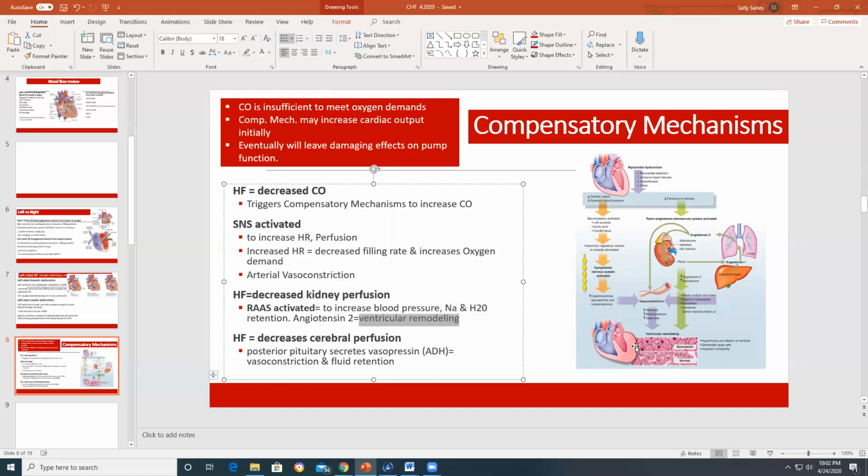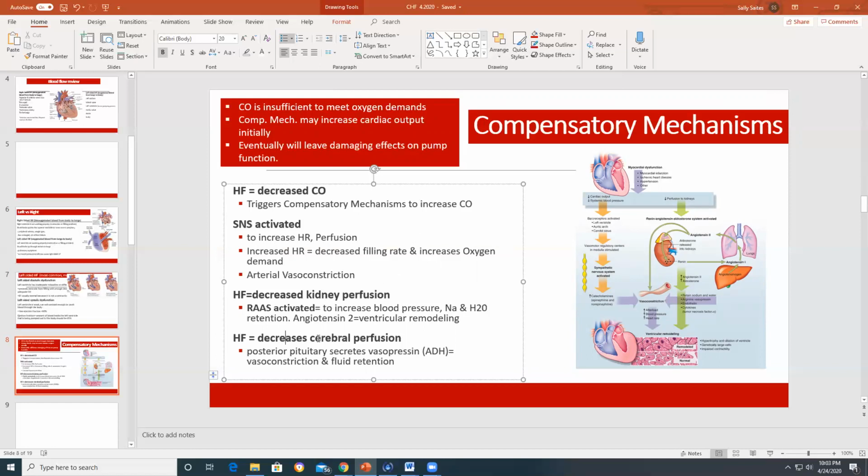So now we're looking at the ventricle and it's going to remodel that to try and help, which it does initially, but then it starts to cause some ventricle problems in the long run because your ventricles do not want to be stimulated the way that the angiotensin II stimulates that area of the heart muscle.